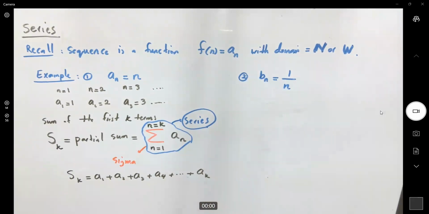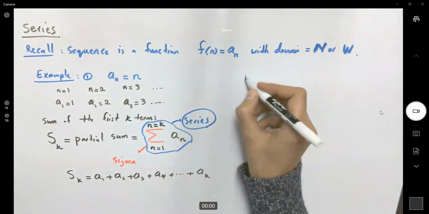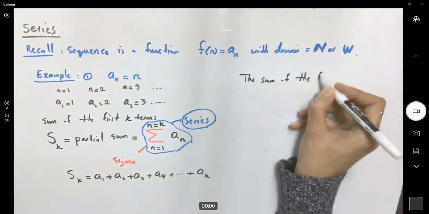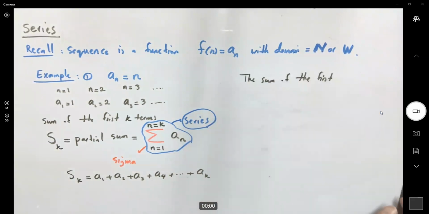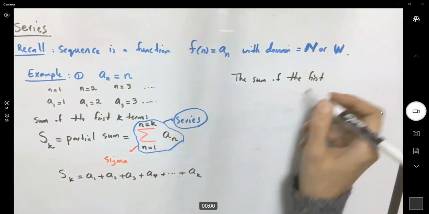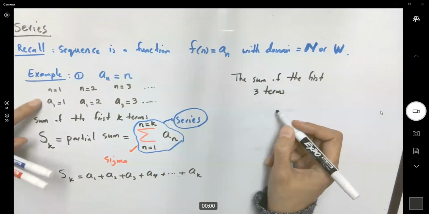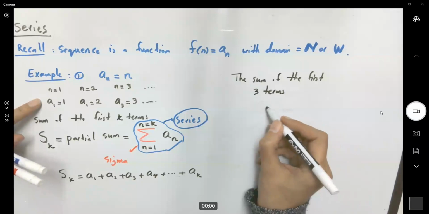So for example, suppose I ask you to find, let's erase this one, then we're going to discuss that. Suppose I ask you to find the sum of the first three terms. The first term is a1.